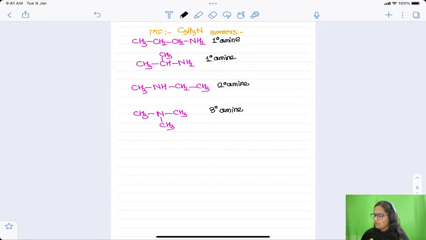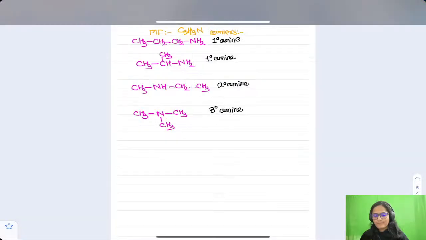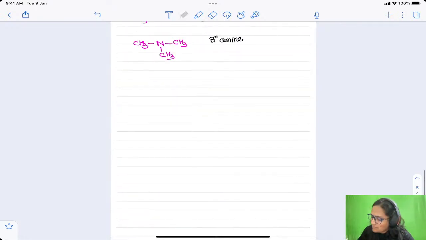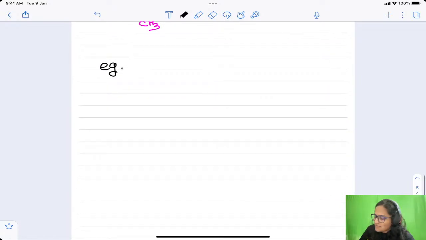Okay, now after this, let us see some more examples for isomerism. After C3, let us move to C4. Let us see the next example for isomerism.